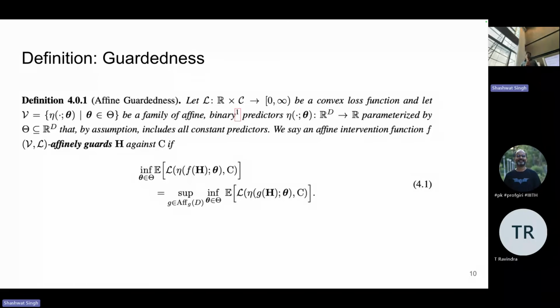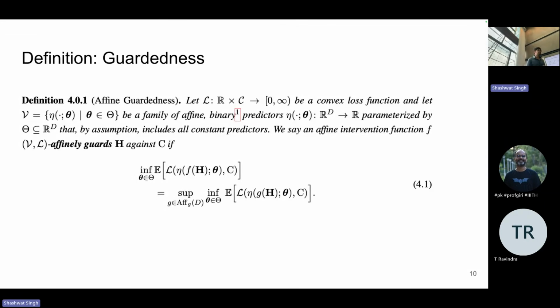That is, the best possible classifier is one that has a favorite class and just gives you 0, 0, 0, 0, 0 all over, and that's the trivial loss. So essentially, this expression says that the function that will do the guarding will lead us to a situation where the best possible classifier is a constant predictor. I hope that makes sense.